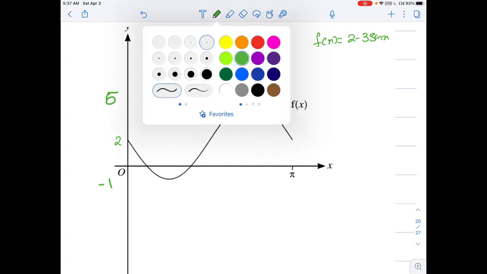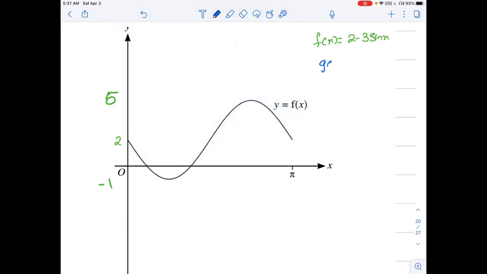Now I want g of x. g of x is minus 2 times f of x, meaning all the values of f of x are multiplied by 2, but it is on the minus side. So what am I going to do? Remember, all the y values are multiplied by 2, and then again add a minus symbol to that.